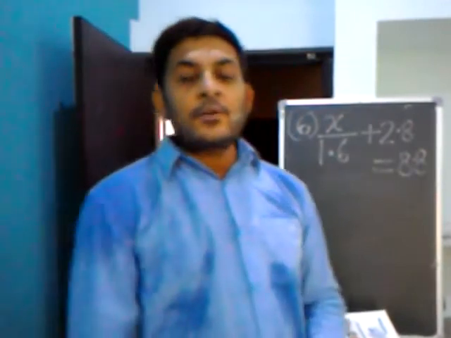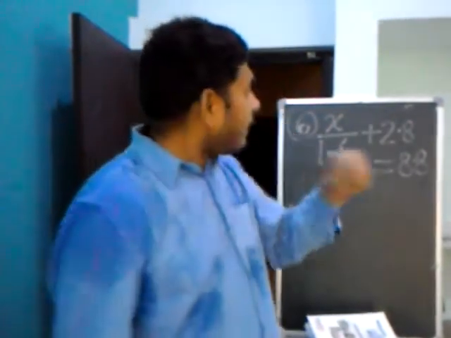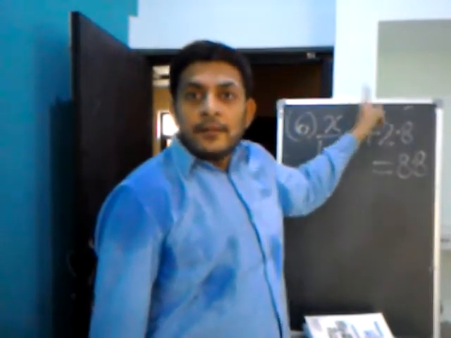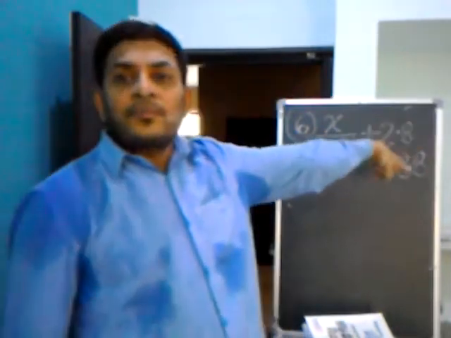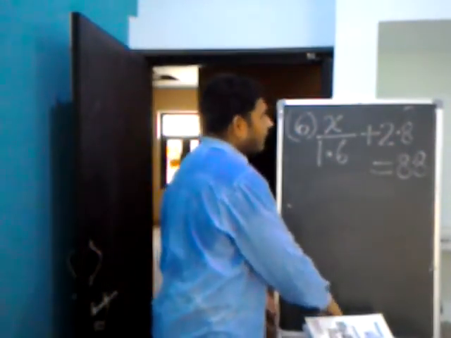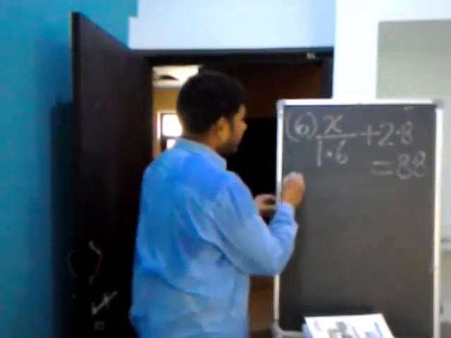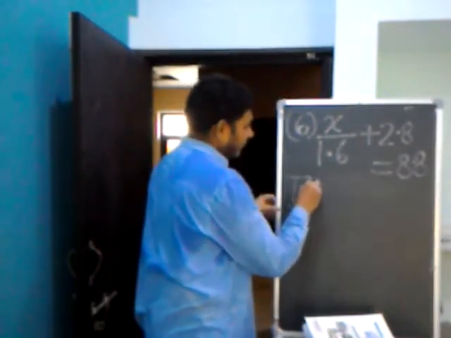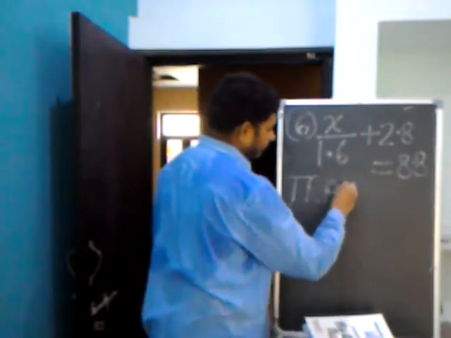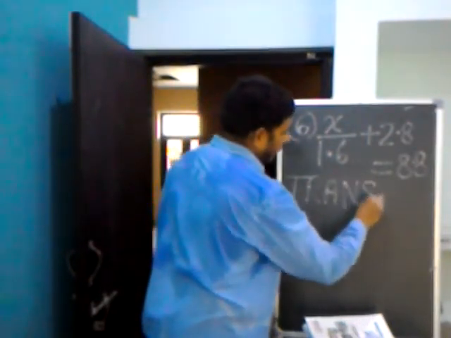And what is the order of precedence? First of all, anything having a positive or negative sign will go to the right side. It means we have to do transposition. Here we have a positive sign, so we have to perform transposition. So I write here: transposition.